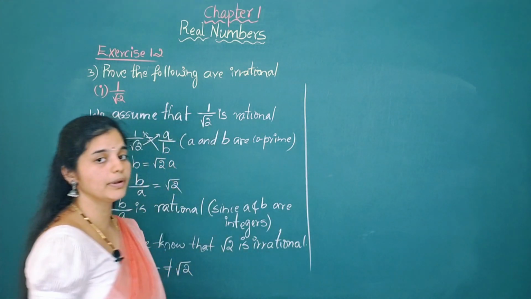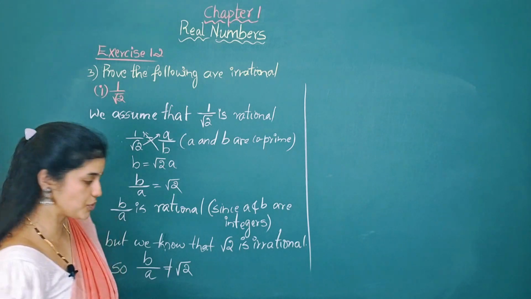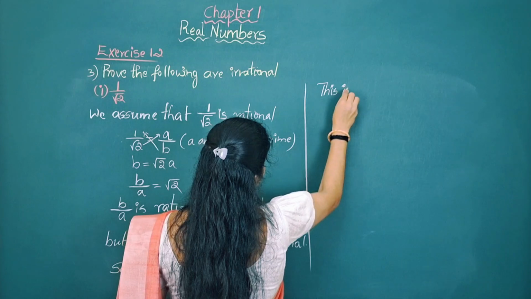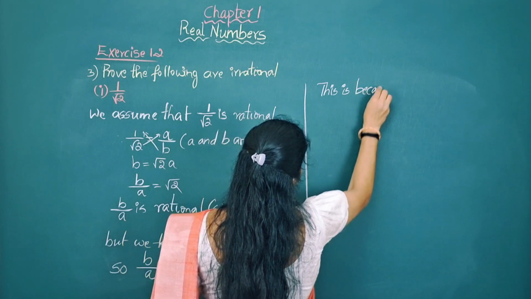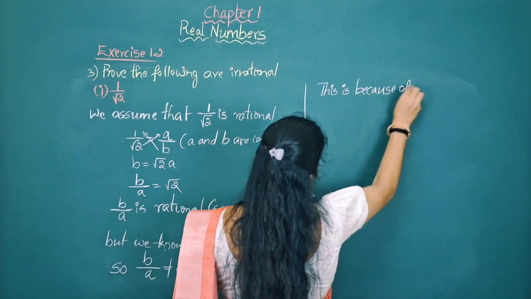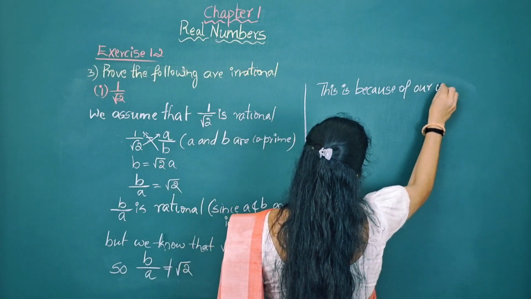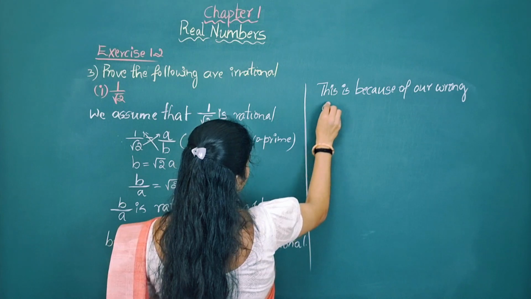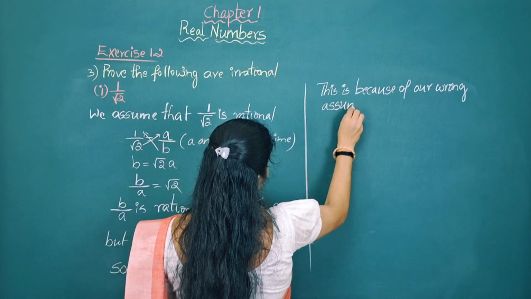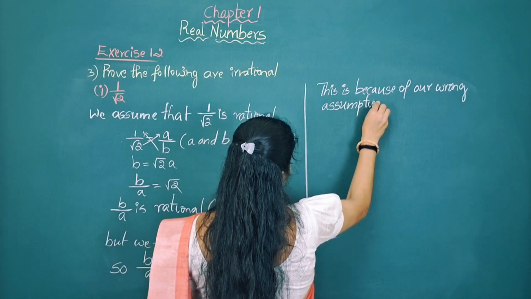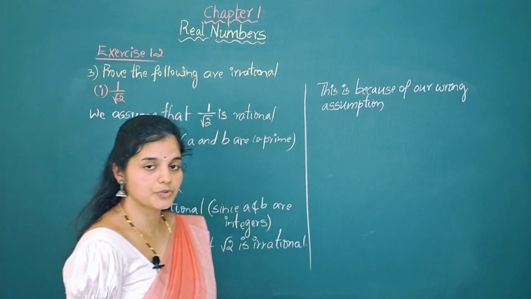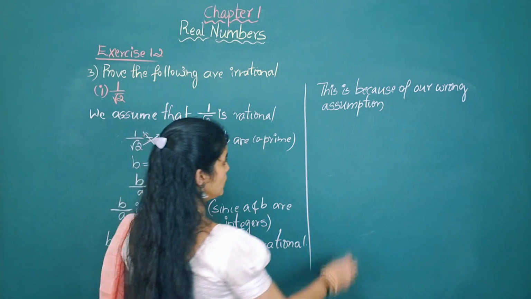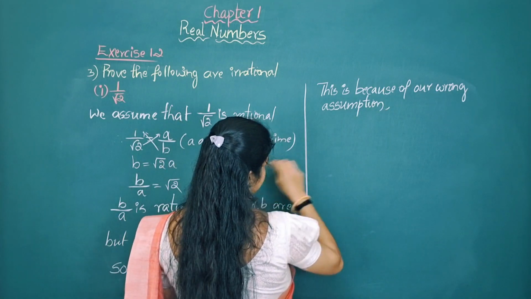Now why this has happened is because of our wrong assumption. What was our assumption? That 1 by root 2 is rational. So this is because of our wrong assumption.